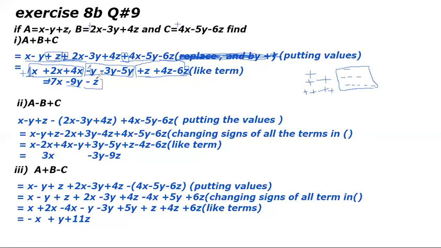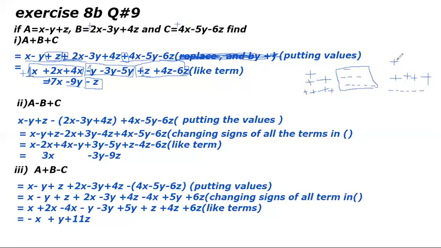Now negative z. How did I get this negative z? I will prove it. Positive z means positive 1z. Positive 1z means positive z one time. Positive 4z means positive z 4 times, and negative 6z means negative z 6 times.